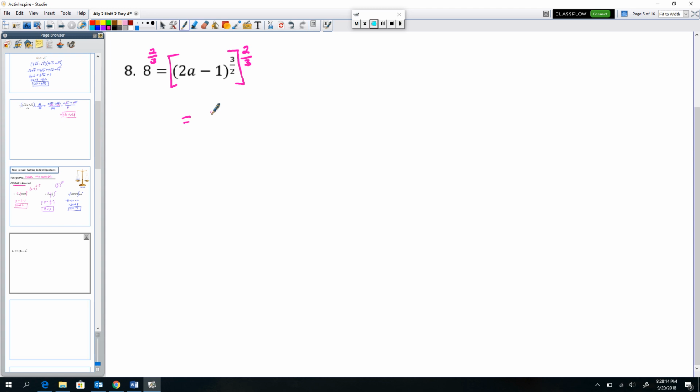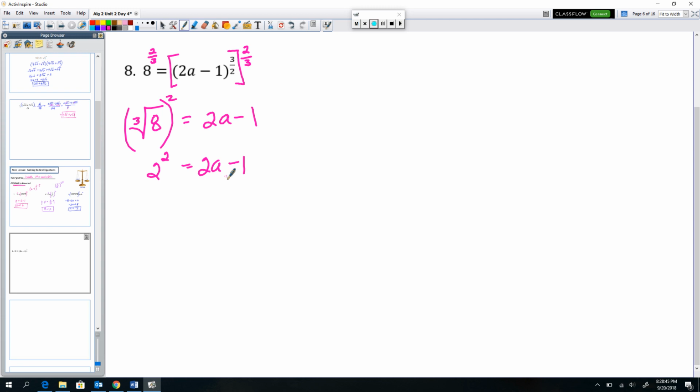So on the right, you've now broken this 2a minus 1 out, and all those powers went away. Now remember what happens over here. 8 to the 2/3 power. That's the cube root of 8 raised to the 2 power. Cube root of 8 is 2, squared, equals 2a minus 1. 2 squared obviously is 4.